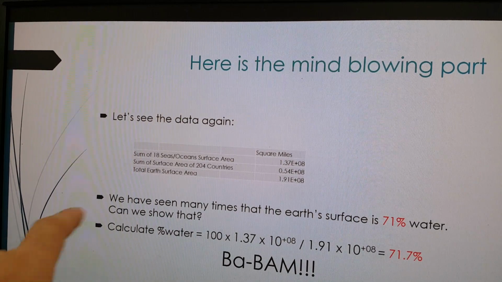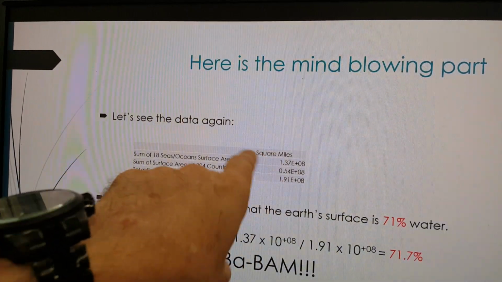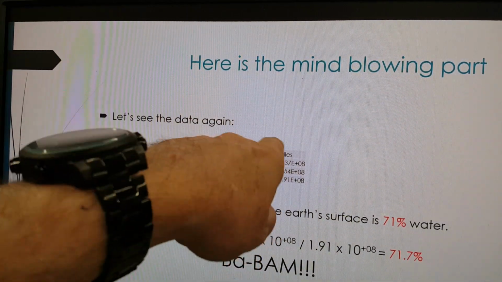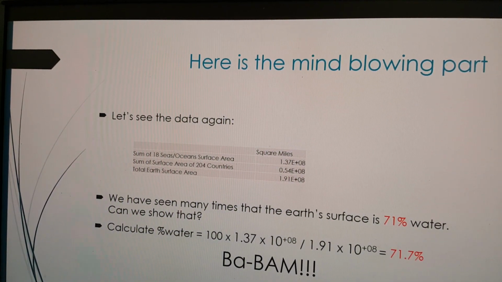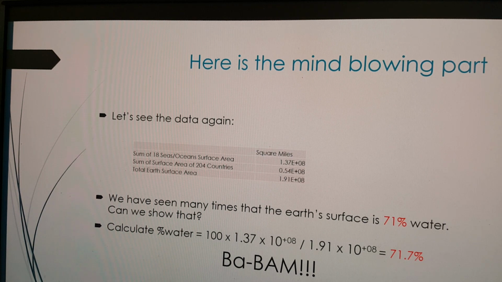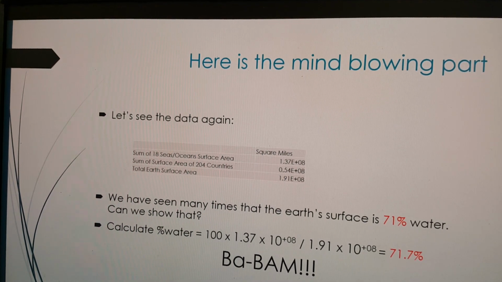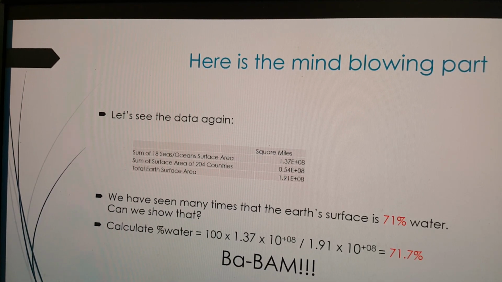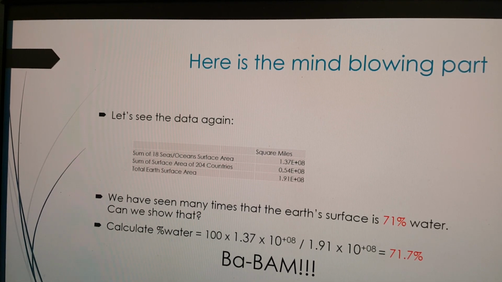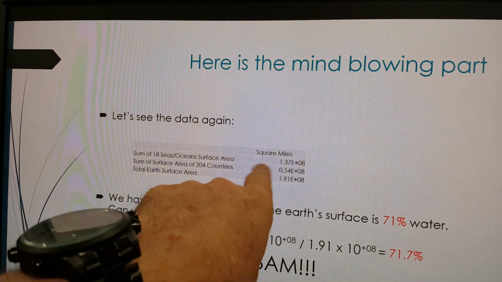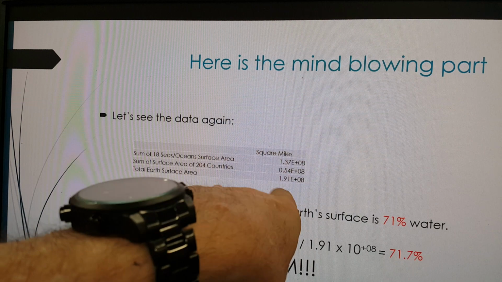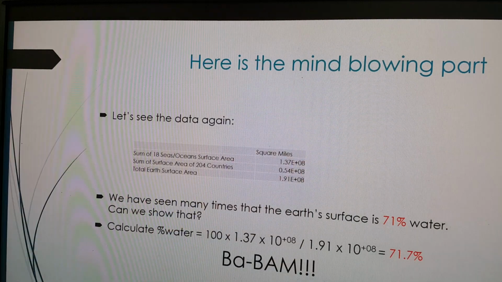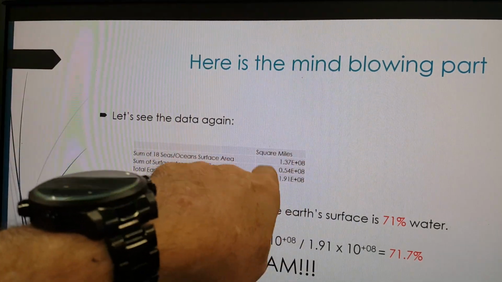Again, let's look at this data. You remember just on the previous screen, we had these numbers. I was just curious because we always see and everybody talks about the Earth's surface being 71% water. So out of curiosity, I took this sum of the oceans, which is an independent number that I got off of a website, 1.37.